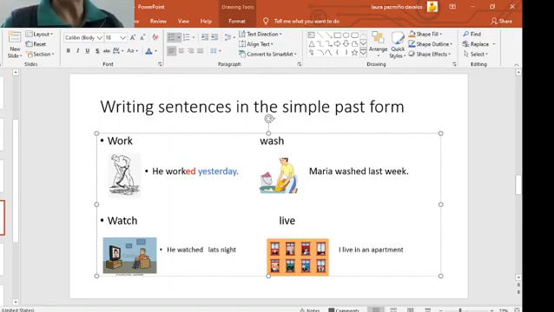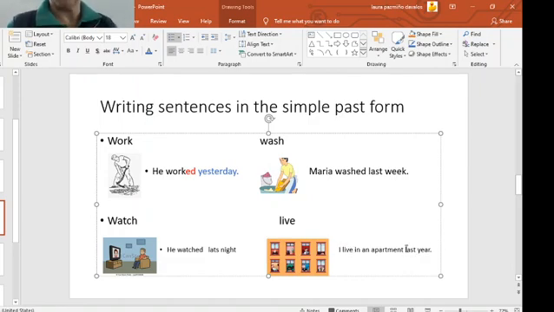No, voy a poner last year. Last year, el año pasado. ¿Ya? Digamos, es un ejemplo. Ahora vivo en una casa. It's an example. I live in a house. Okay, so I live in an apartment last year.